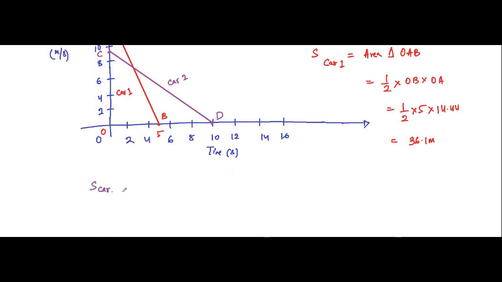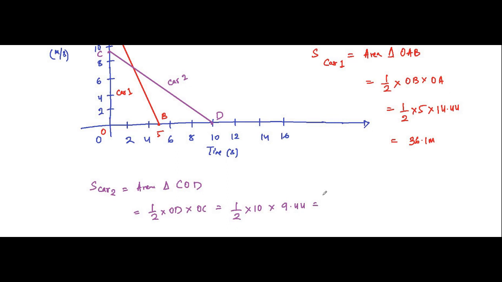Similarly, the distance traveled by car 2 after the application of brakes is the area of triangle COD, which is 1/2 into base OD into OC, which is 1/2 into 10 seconds into 9.44.